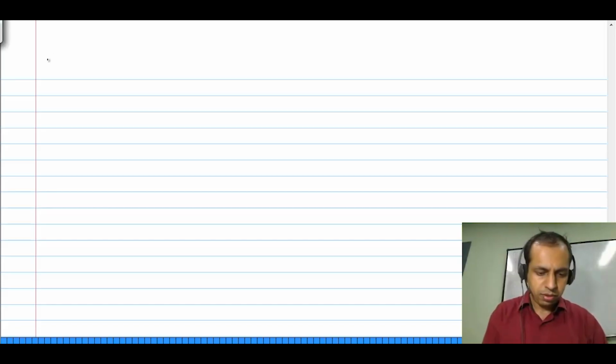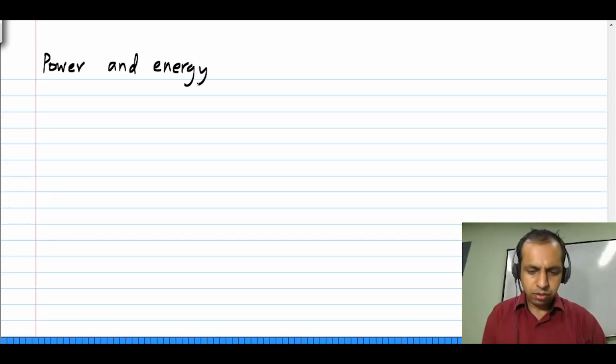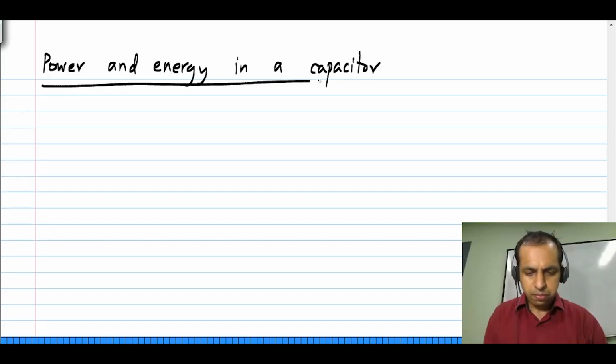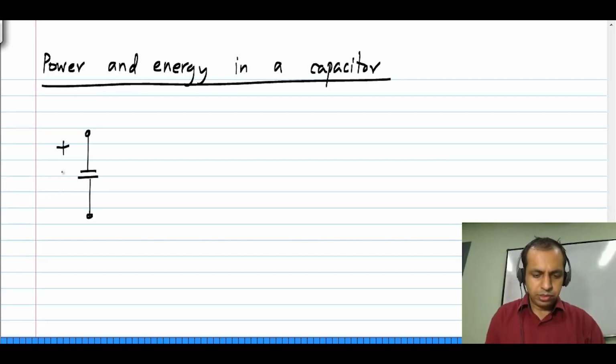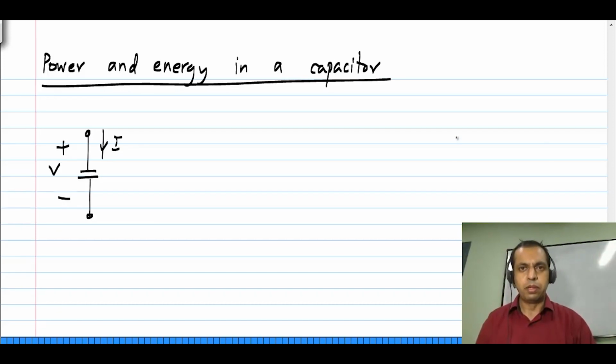Now we will consider the power and energy in a capacitor. As usual, we take the voltage and current I with the appropriate passive sign convention.